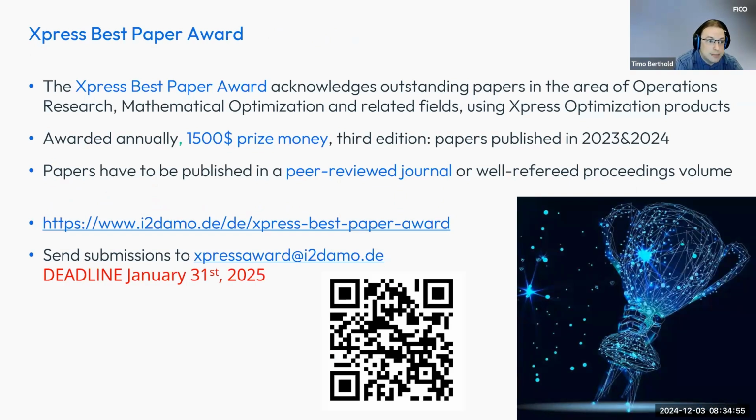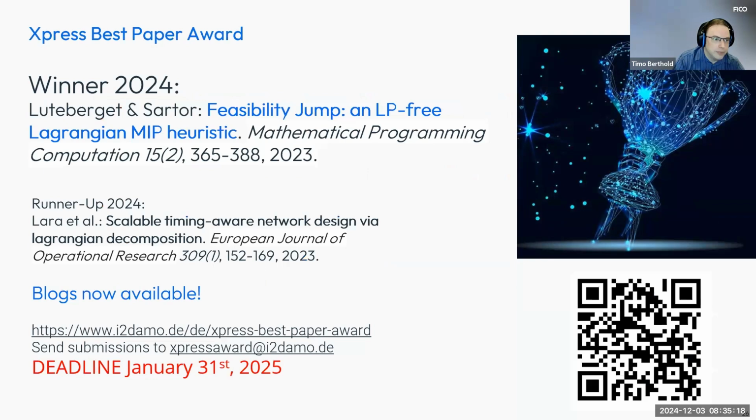It comes with a nice prize money, and as an entering condition, the paper must have been published in a peer-reviewed journal or a well-refereed proceedings. The submission deadline for this third edition of the award is the end of January, so there is still some time to prepare and submit your paper. If you've got something in the pipeline, please do so. Always interesting to look into the research that people are working on.